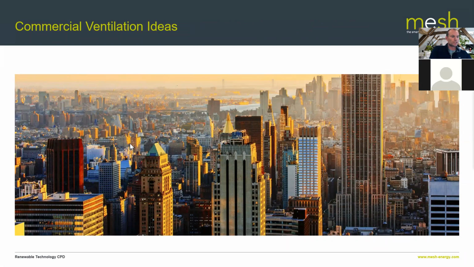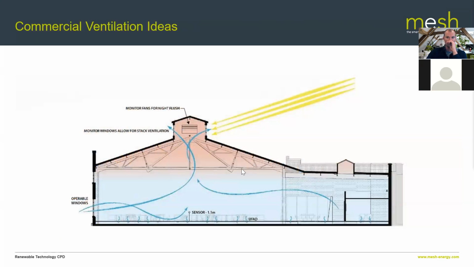And I know we've got some guys who deal with more commercial buildings, and again, there's probably a whole other discussion on commercial buildings. But what I thought it was worth doing is showing you, for higher density buildings and larger volumes, how this can be used outside of the domestic realm. And again, very simple principles, but I've got a few pictures here which we can talk around.